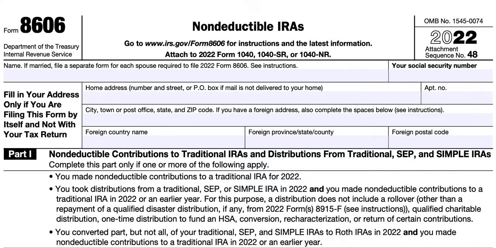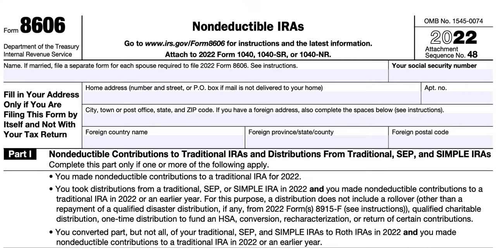So, for example, if you have an IRA that's got $50,000 of pre-tax money and contributions in it, and you've got $50,000 of non-deductible contributions in it for a total of $100,000, and you do a $10,000 Roth conversion, you would have to pay taxes on the 50% of that account balance that was considered pre-tax money.